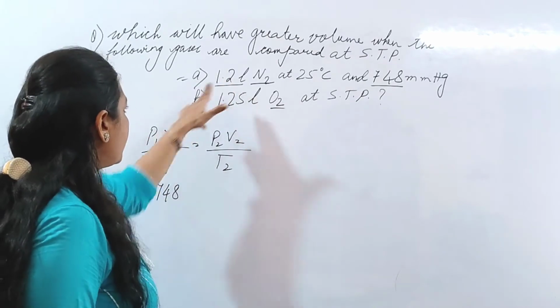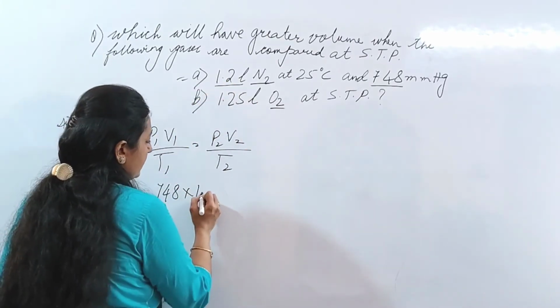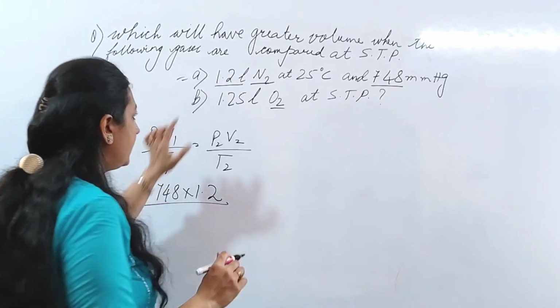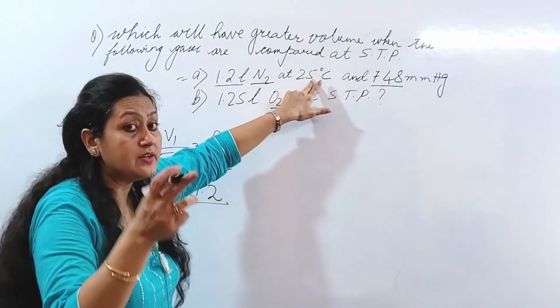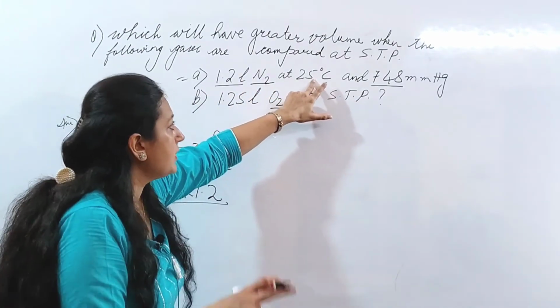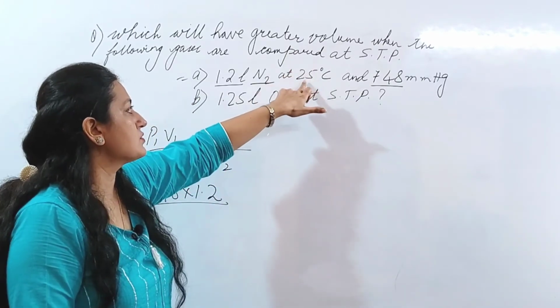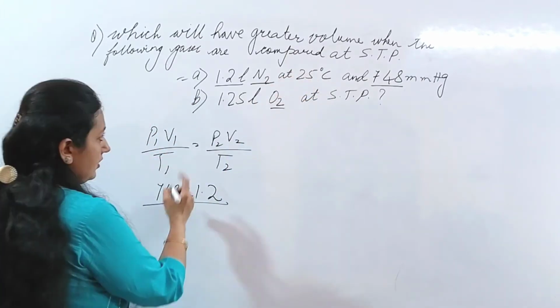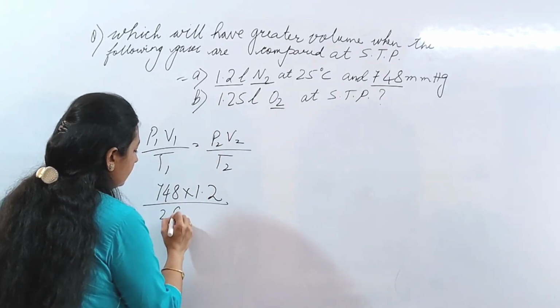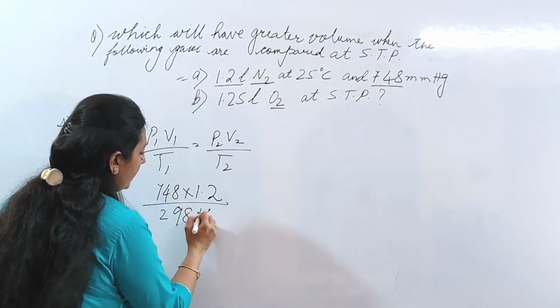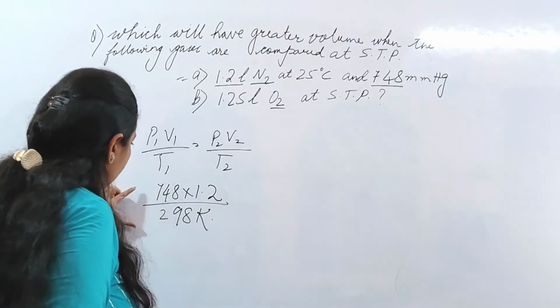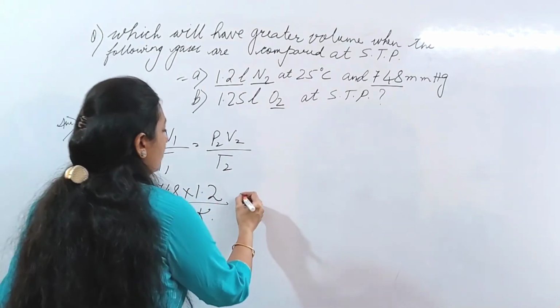V1 at this pressure is 1.2 liters. So we write 1.2 liter divided by T1 here is 25 degrees centigrade, which has to be converted in the Kelvin scale. So it is 25 plus 273, and you get 298 Kelvin. Clear?